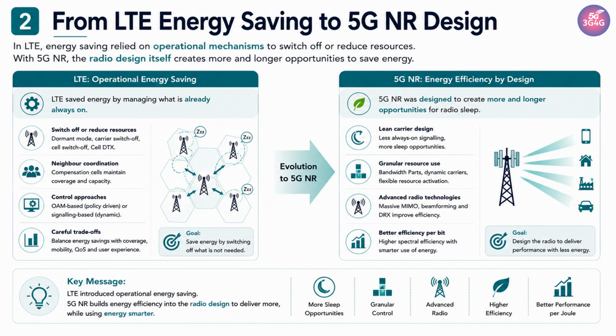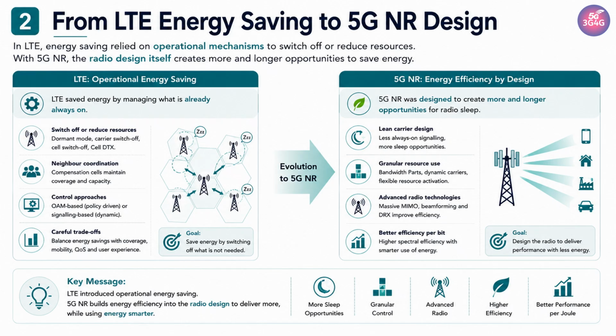5G NR changes the starting point. Instead of only managing what is already active, 5G NR introduces a radio design that creates more and longer opportunities for saving energy. It does this through a leaner carrier design, more flexible resource use, bandwidth parts, carrier management, DRX, massive MIMO, beamforming, and more intelligent control.